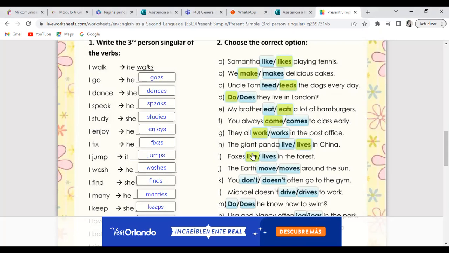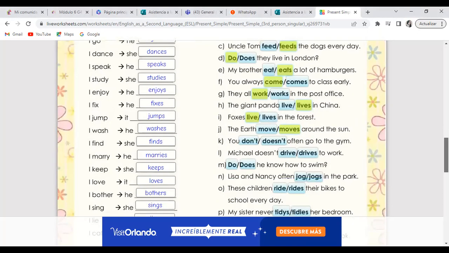The air moves or the air moves around the sun. What is? The air move or the air moves? La Tierra gira alrededor del Sol. Pero como la Tierra también es tercera persona del singular, entonces decimos the air moves. Yes, Arlette, the air moves.